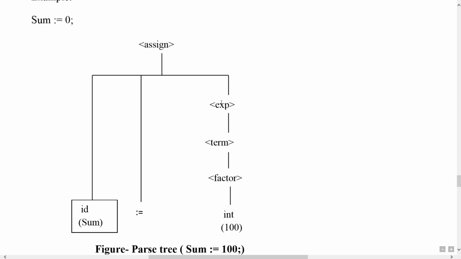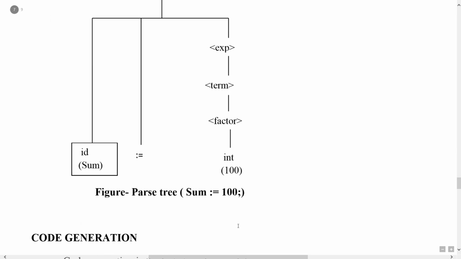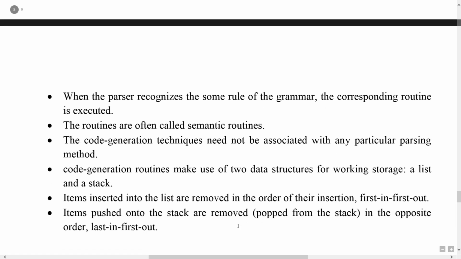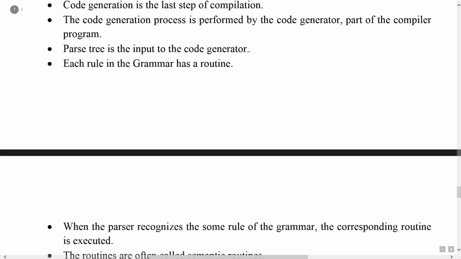That expression is further expanded as term. The term is converted into factor. The factor is int. Here the value is 0. Sorry, it is wrongly given as 100. It is 0.